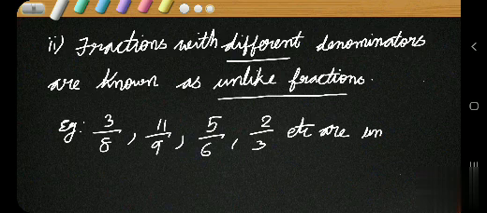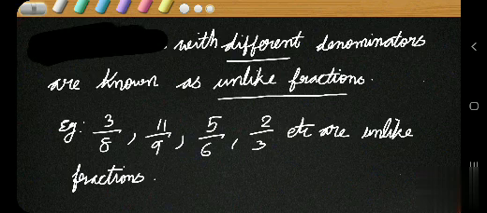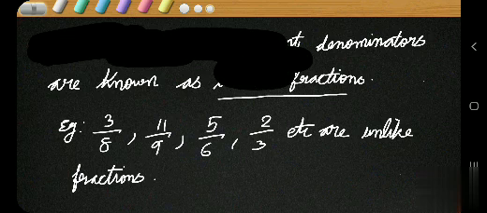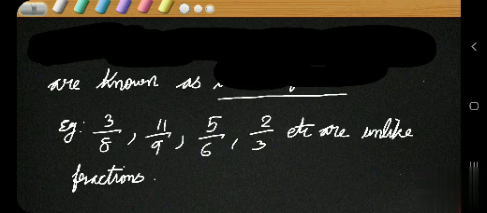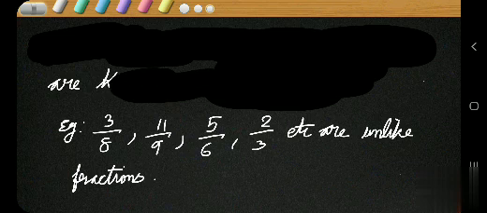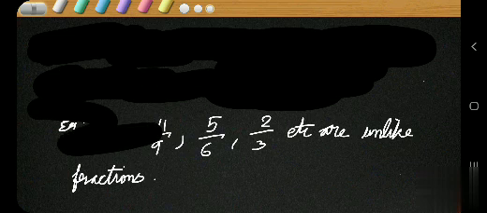Yes, unlike, etc. are unlike fractions. Are you all writing neatly? Write neatly, okay. So, have you understood what is meant by like fractions and unlike fractions? Okay, these play a very significant role in adding and subtracting fractions. While taking those portions, it will be explained, okay.